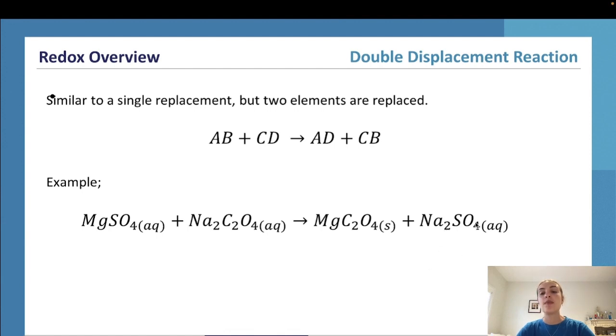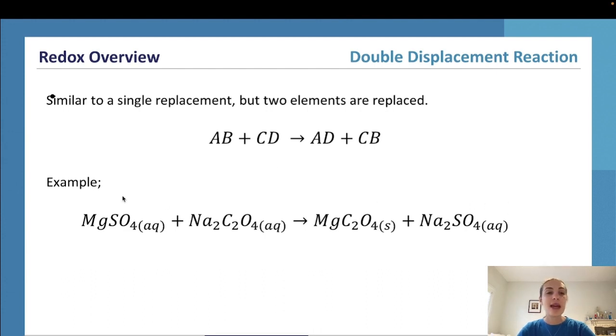Each oxygen has its charge of -2, so -2 times 4 gives us -8, plus 2 gives us -6, and then the sulfur is going to be +6. So that also remains the same.